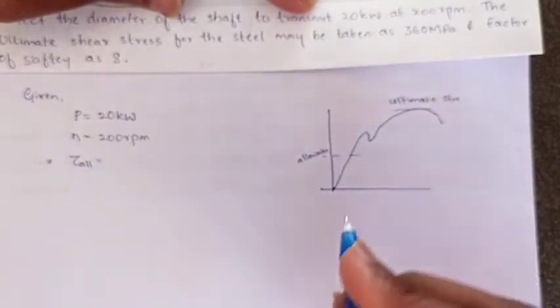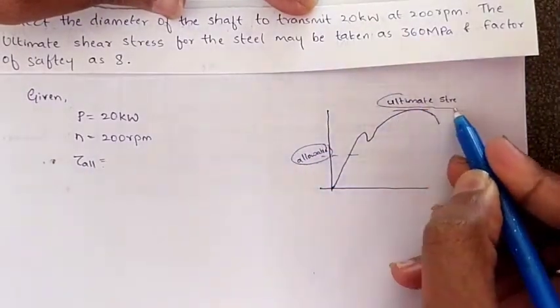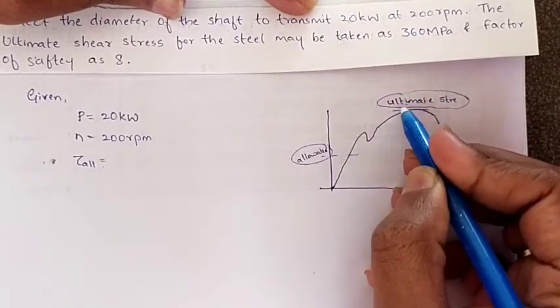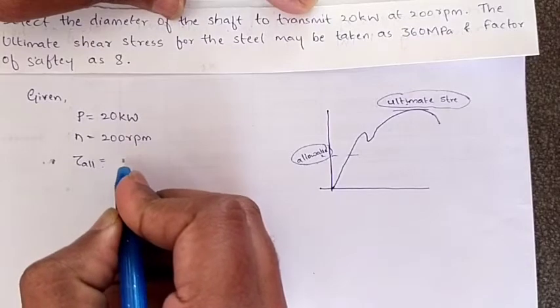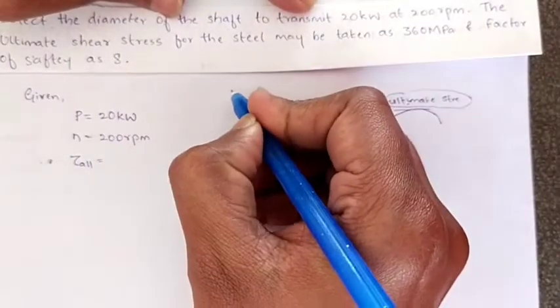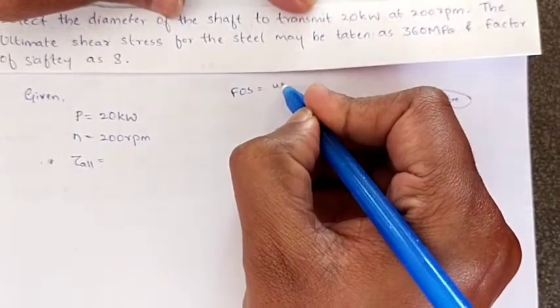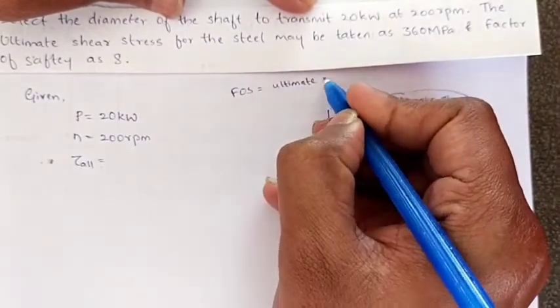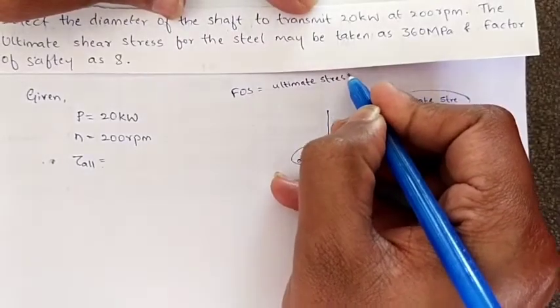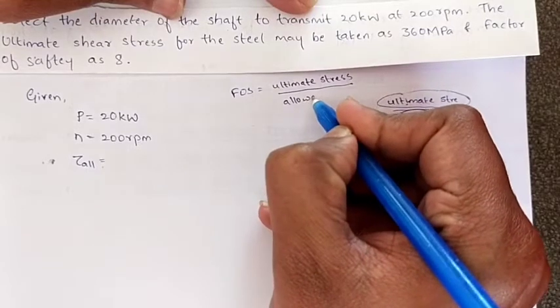We want the allowable stress, but the ultimate stress is given. To convert from one to the other, you use the formula: factor of safety, FOS, is equal to ultimate stress divided by allowable stress or working stress.